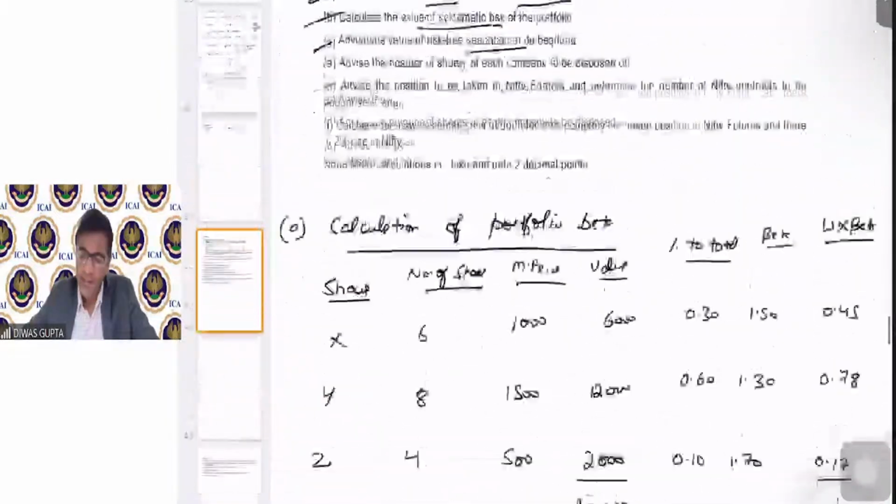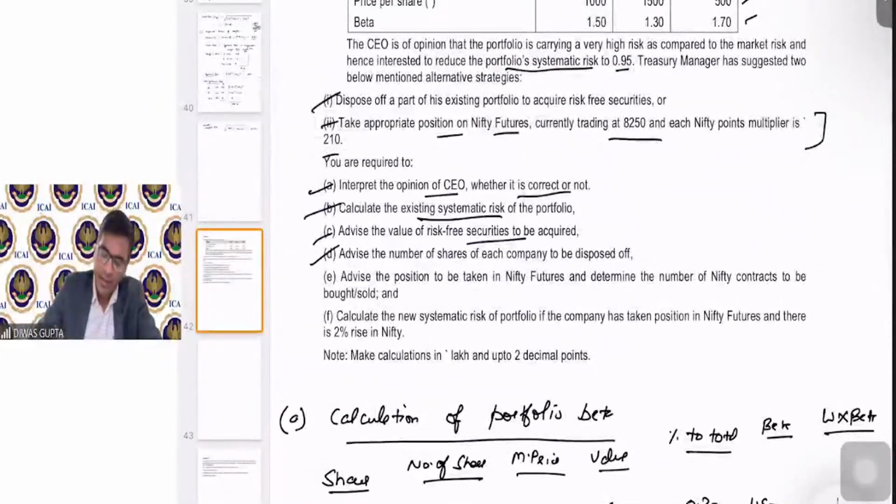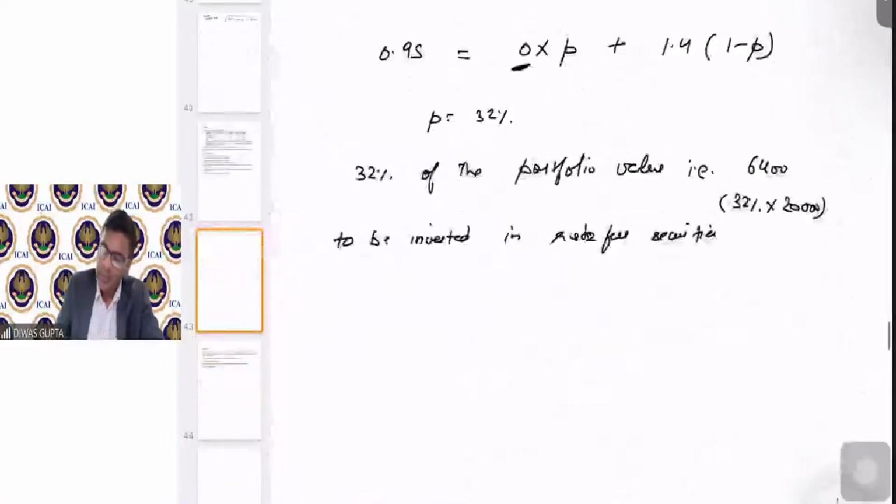Okay. Then let's come to the fourth part. Advise the number of shares of each company to be disposed of. Now we have calculated the total percentage, correct, which is 32%. But to arrive at the number of shares, individual shares to be disposed of, this will be calculated how?